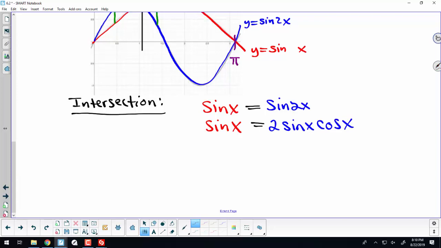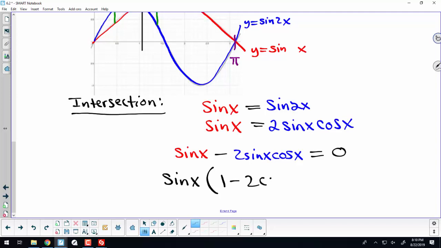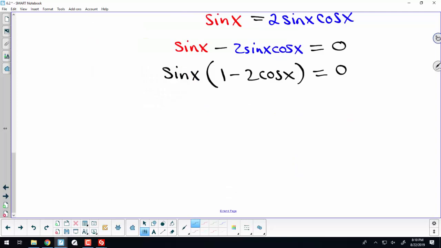Let's just get everything on one side and factor out the common factor, sine x times (1 minus 2 cosine x). Now we've got 2 things multiplying to give 0, so we can set each one equal to 0. When does sine x equal 0, and when does 1 minus 2 cosine x equal 0?